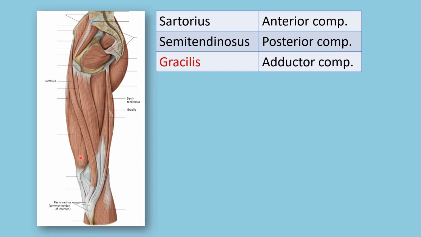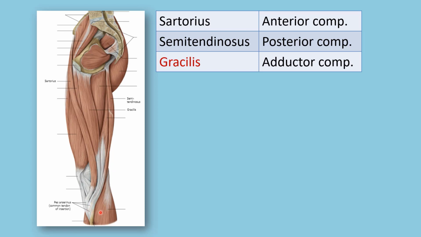This is the right thigh, seen from the medial side. Here from the pubis, we are seeing the origin of gracilis. From the anterior superior iliac spine, this is sartorius, and from the ischium, this is semitendinosus. These three muscles, interestingly, are converging very closely near the insertion.